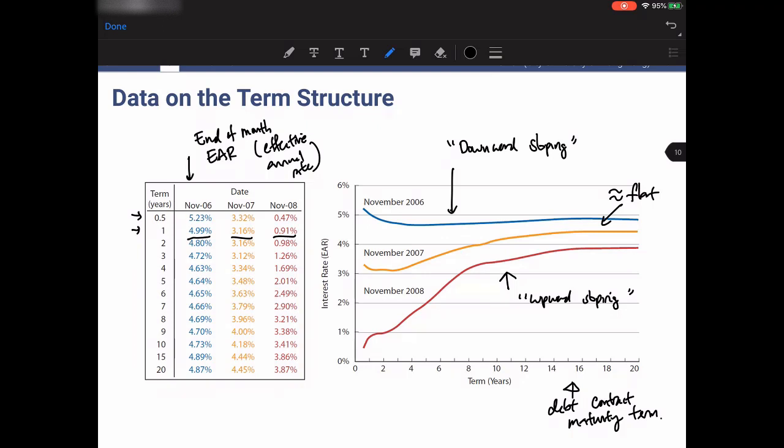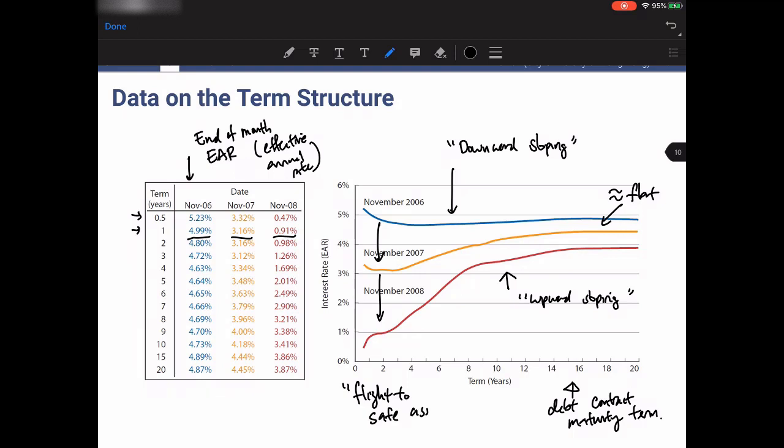The reason why we see a depression in the short-term interest rates, going from 5% all the way down to 0 and 1%, is because we have not only quantitative easing, but we also had what's called flight to safe assets.